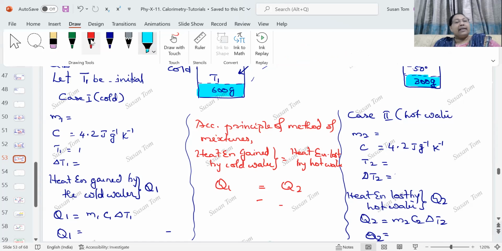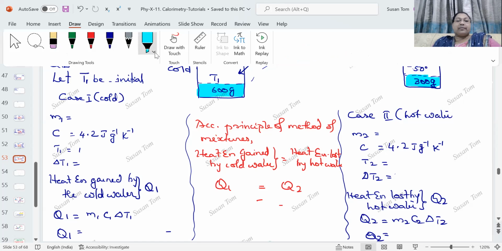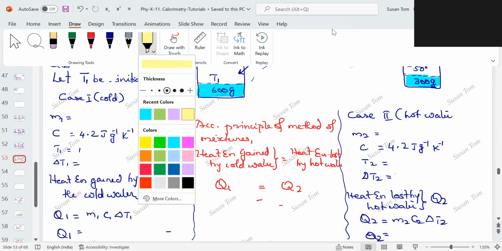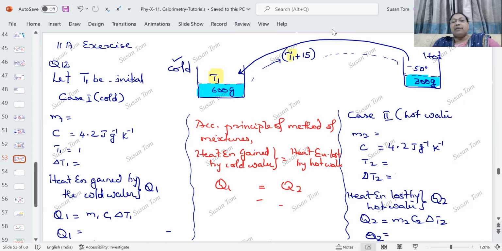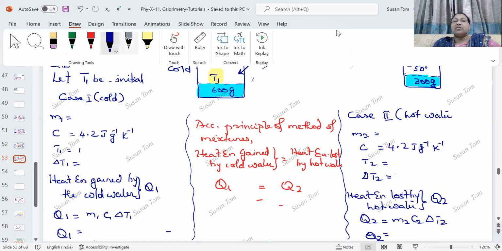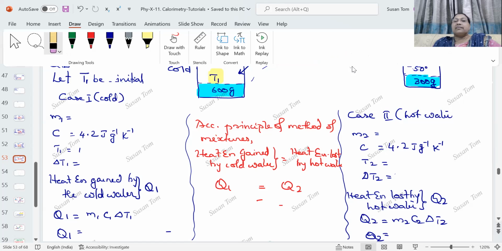So on adding, there will be an intermediate temperature, which is whatever was the T1 raised by 15. This is what the question says. Let T1 be the temperature initially. It will be raised by 15, meaning T1 plus 15 degrees Celsius will be the final temperature. So you can simply say that this is the final temperature. Okay.